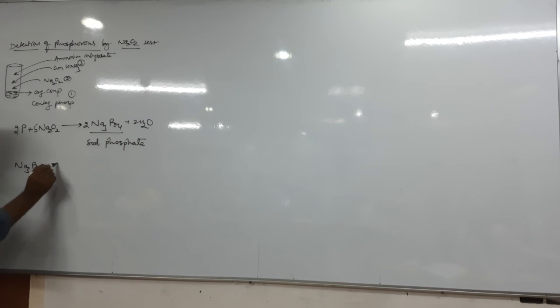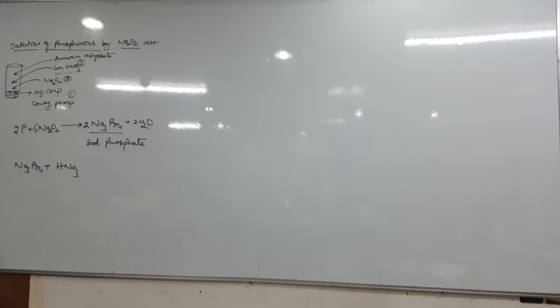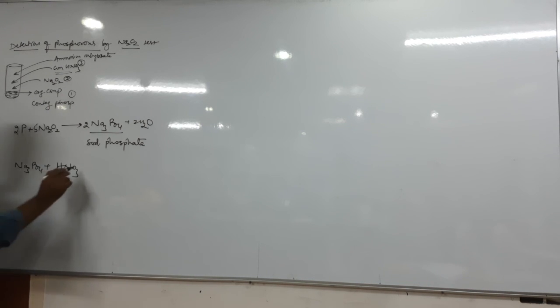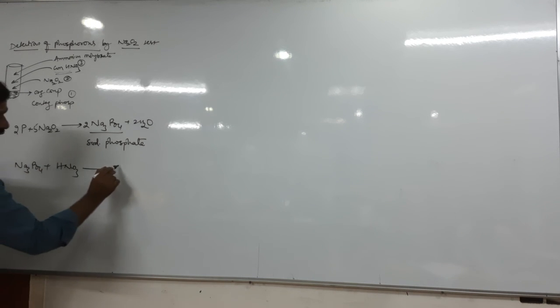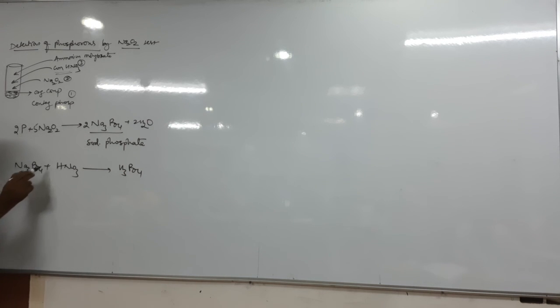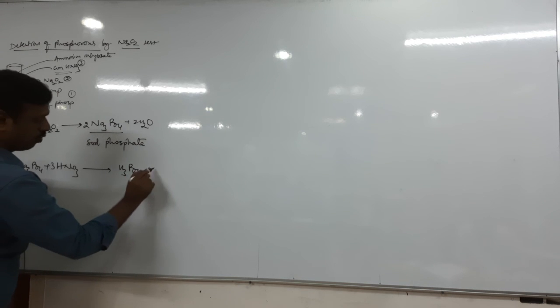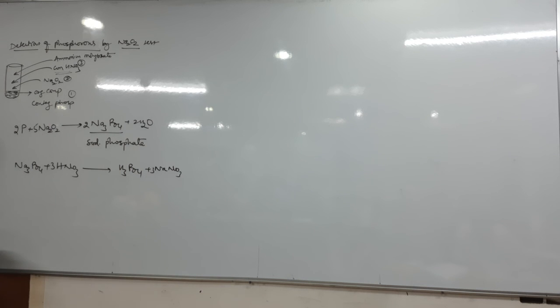Now sodium phosphate, Na3PO4, reacts with HNO3. So we added HNO3, and tell me, HNO3 reacts with sodium phosphate, what does it form? The sodium is replaced by hydrogen, so you'll get H3PO4, and 3 moles of NaNO3.